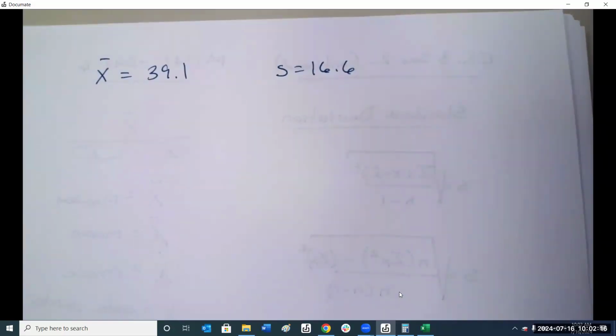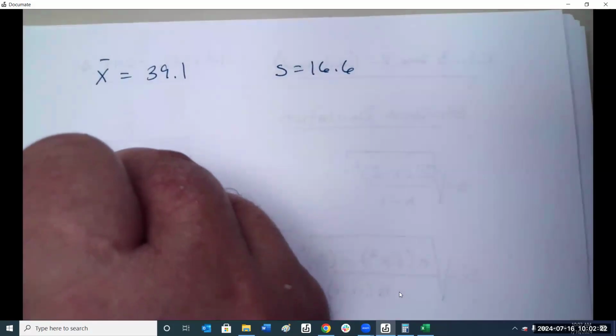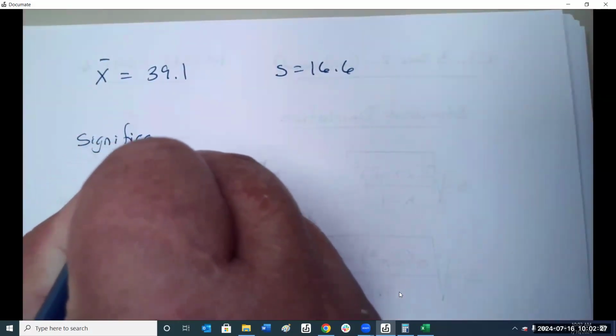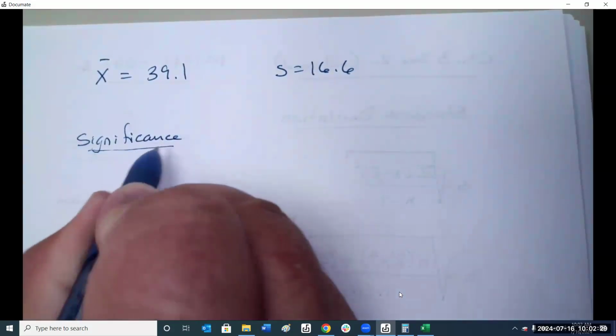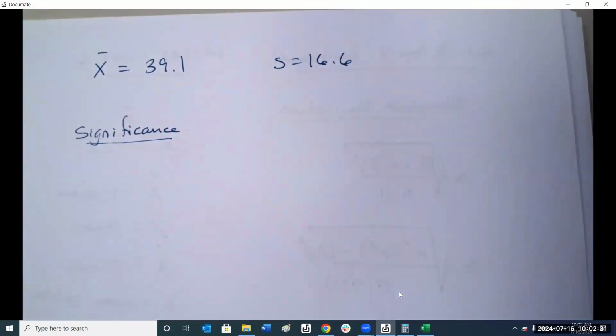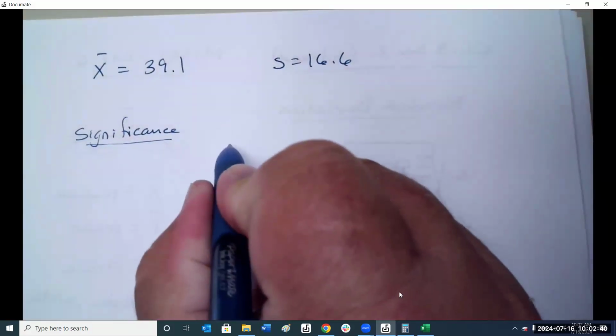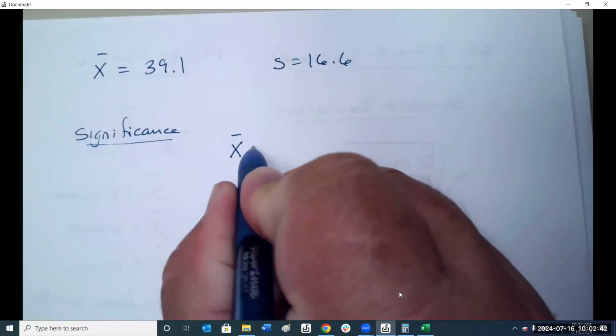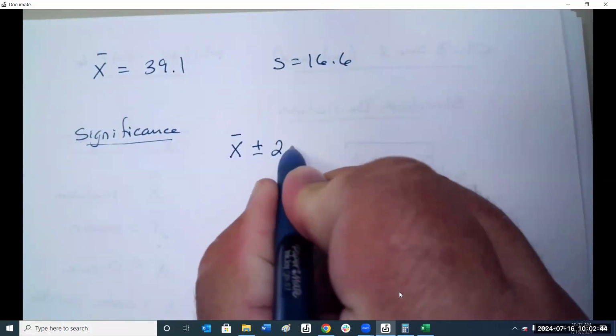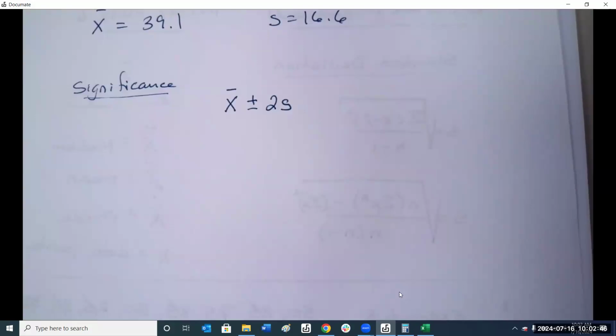Whenever we talk about statistics, probabilities, we always look at something called significance. We have a rule of thumb. This is the rule of thumb. What do you think that means?